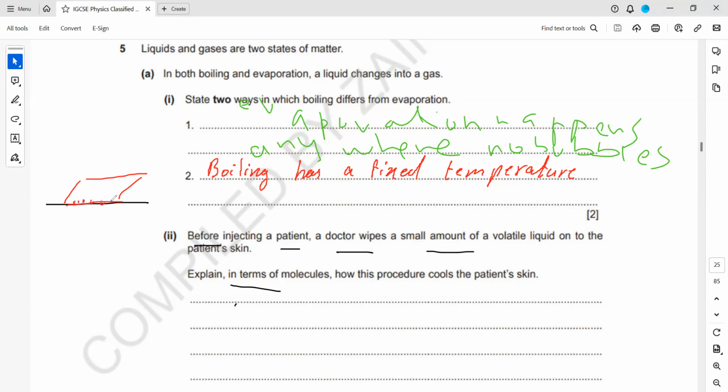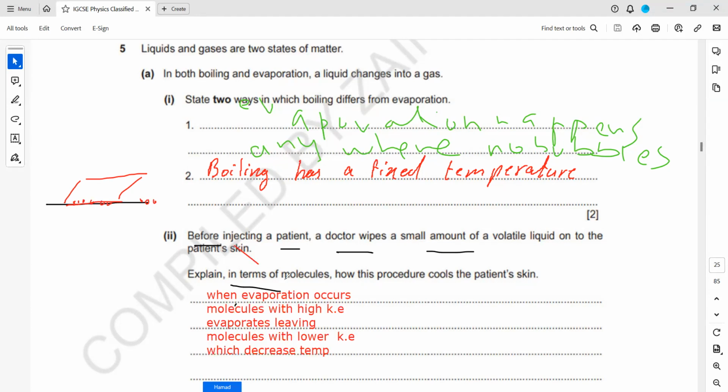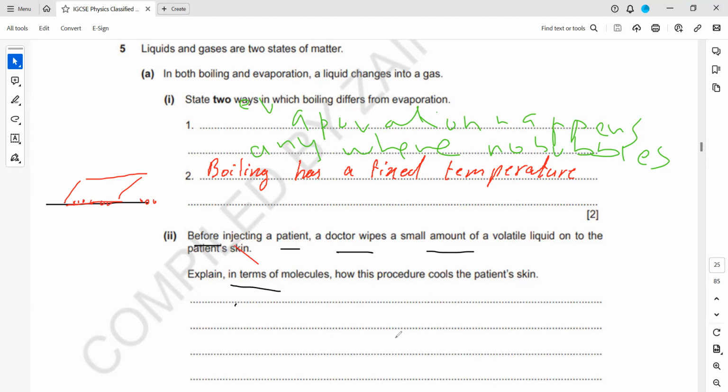So what will happen? The most energetic molecules... In your answer you have to be specific, because saying just the most energetic molecules is a very general answer.